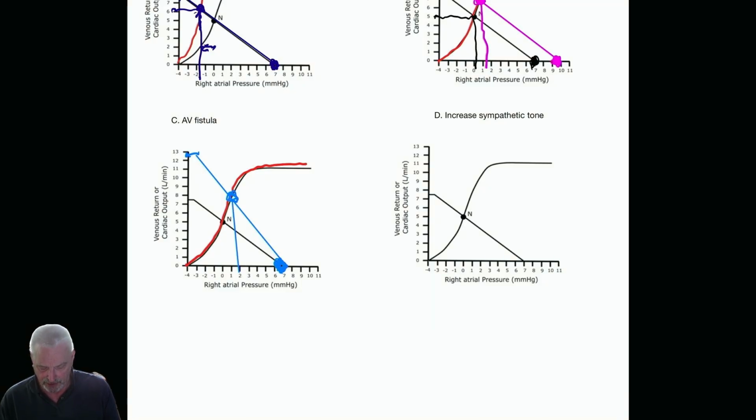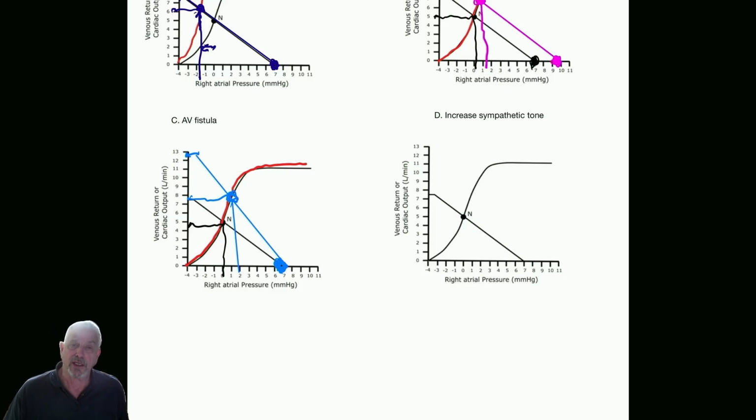And the original was here and here, and the new one is here. And so what we see is that we got an increase in right atrial pressure and an increase in cardiac output.